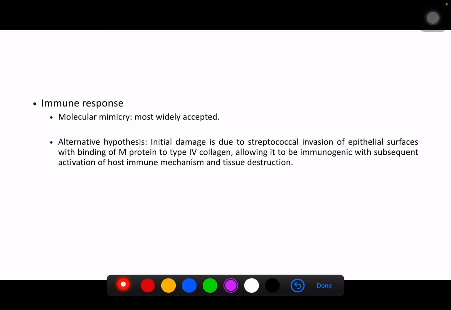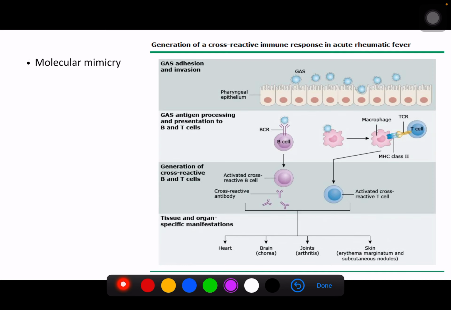Initial damage due to streptococcal invasion of the epithelial surface occurs with binding of M protein to type 4 collagen, allowing it to be immunogenic with subsequent activation of the host immune mechanism and tissue destruction. So basically it's the immunomodulation that is associated with rheumatic heart disease.